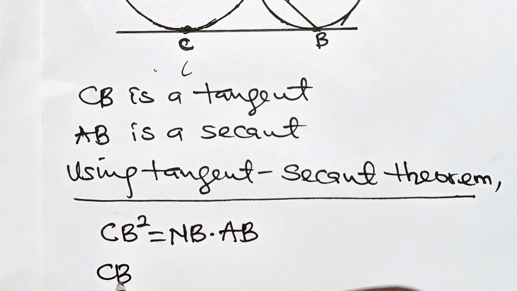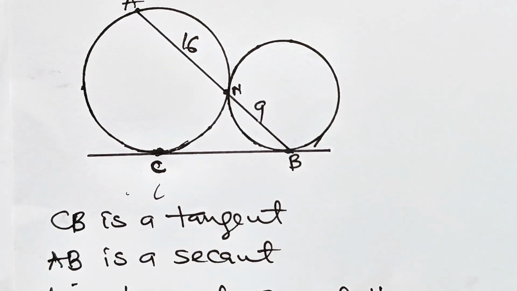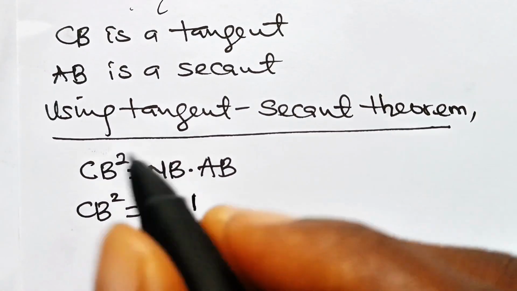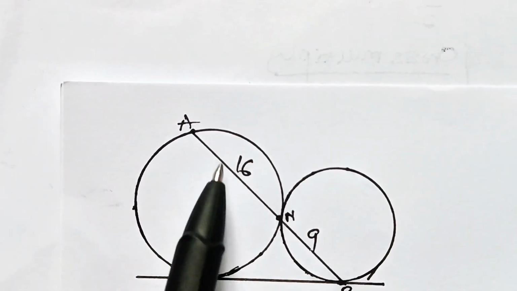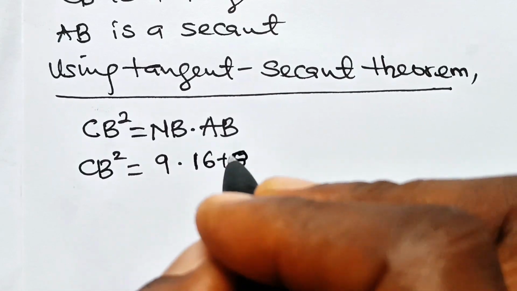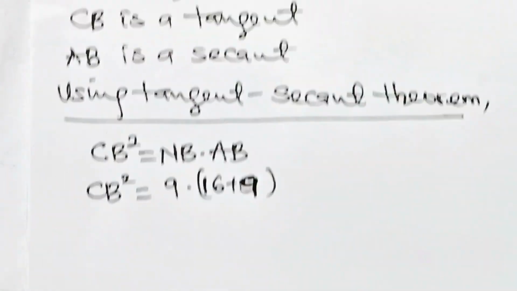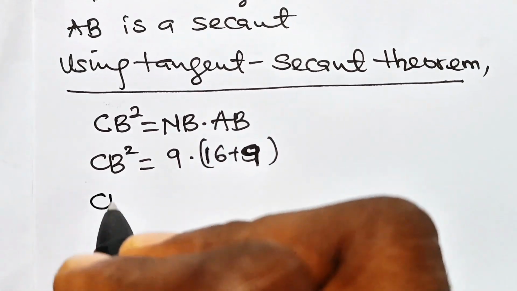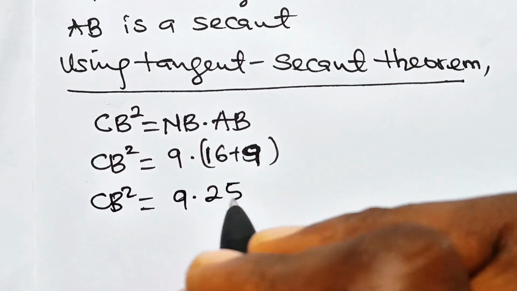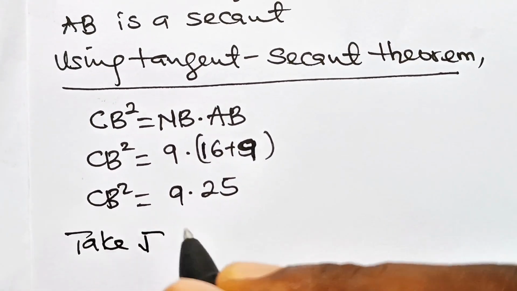So we have CB squared is equal to NB, which is 9, multiplied by AB, which is 16 plus 9. So CB squared is equal to 9 multiplied by 25. Now let's take the square root of both sides.